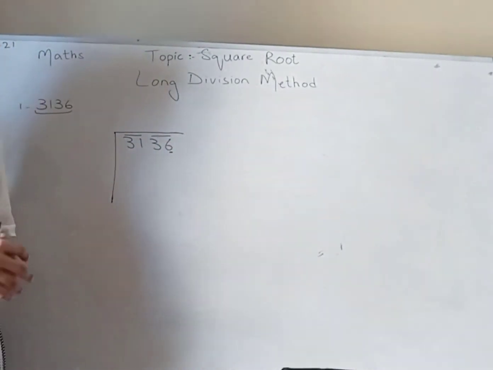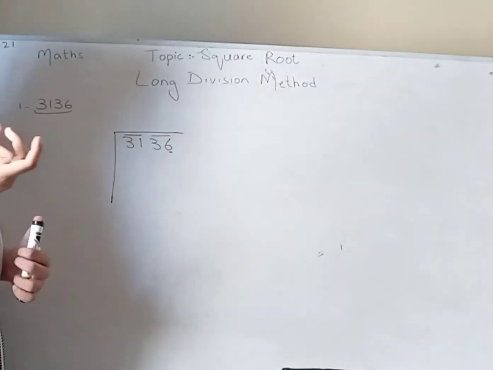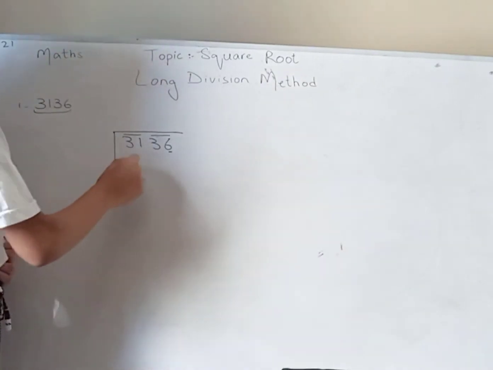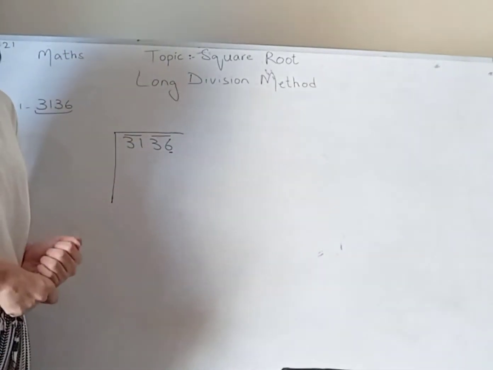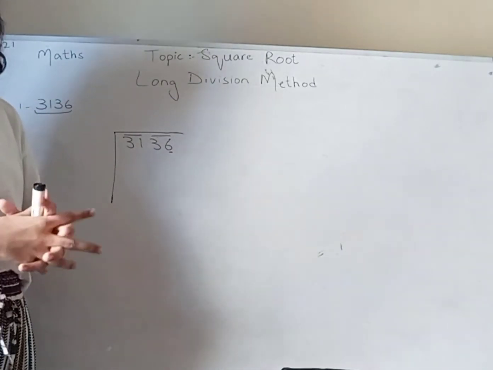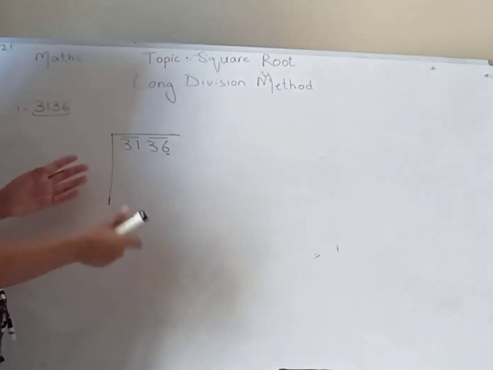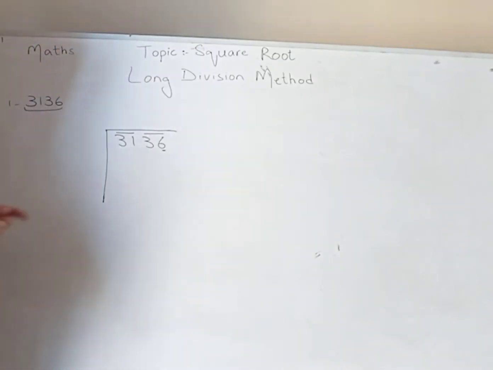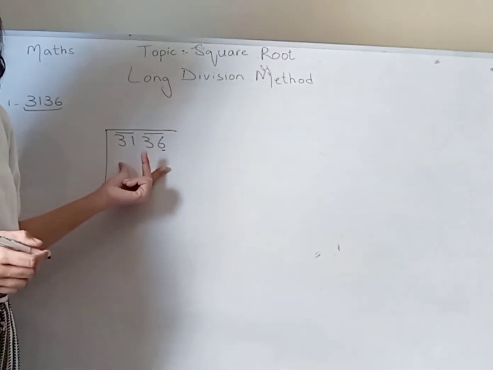The third rule: now the main question is how we are going to solve this number. This is 31. When we are doing a square root with the long division method, we have to keep in mind that we have to solve this with a square. What I mean by a square is we have to solve this with square numbers.